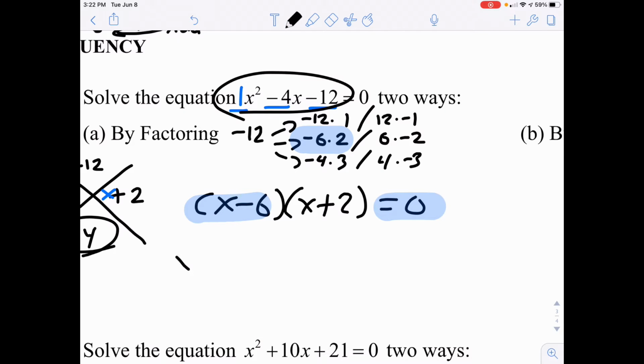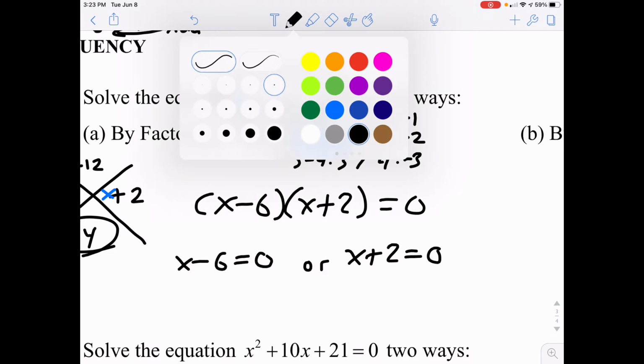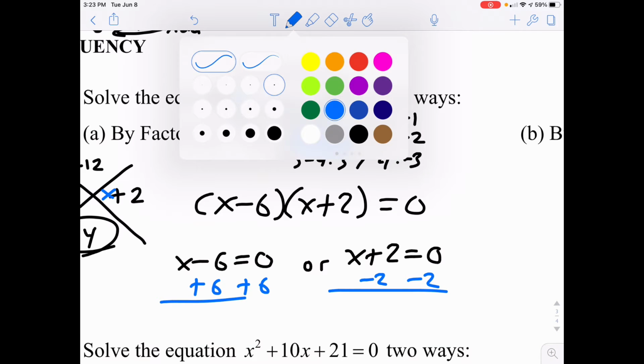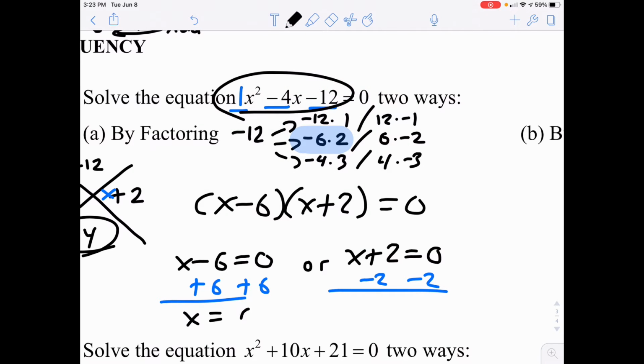So the first one is going to be x minus 6 equals 0, or x plus 2 equals 0. And we solve each one. And our solution set would be x equals 6 or x equals -2.